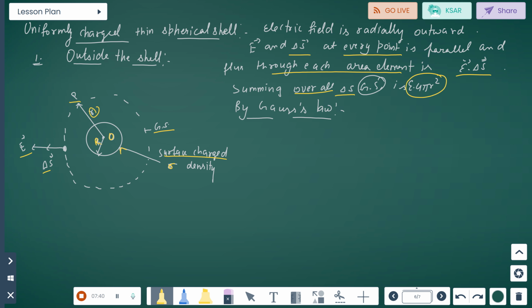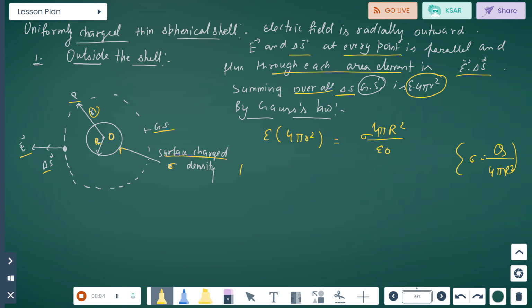So by Gauss law we have E 4 pi r square equals sigma 4 pi r square divided by epsilon naught, because sigma equals q by 4 pi r square.